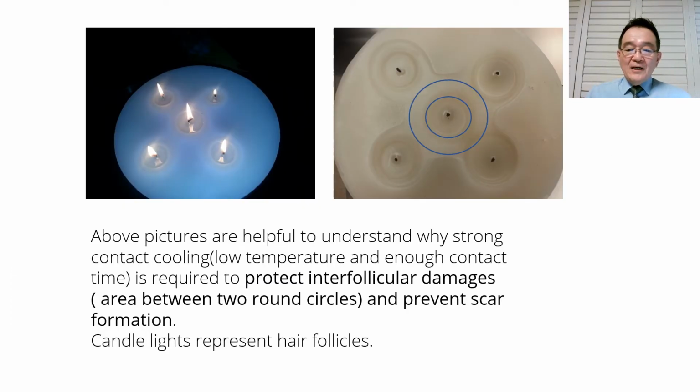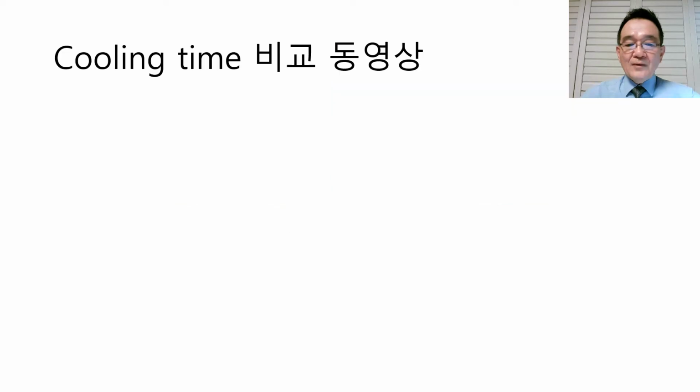The above pictures are helpful to understand why strong contact cooling is required to protect against interfollicular damage and prevent scar formation. The candlelight is representing hair follicles. This video shows the contact cooling time difference depending on the skin condition.